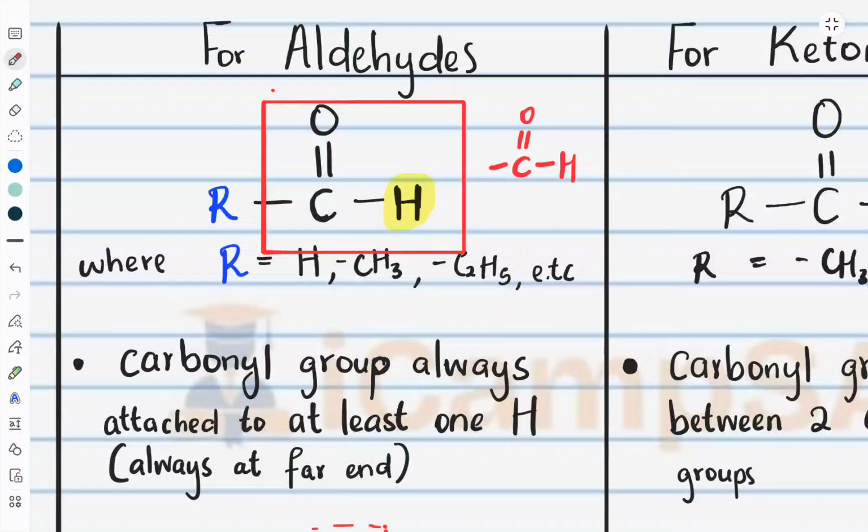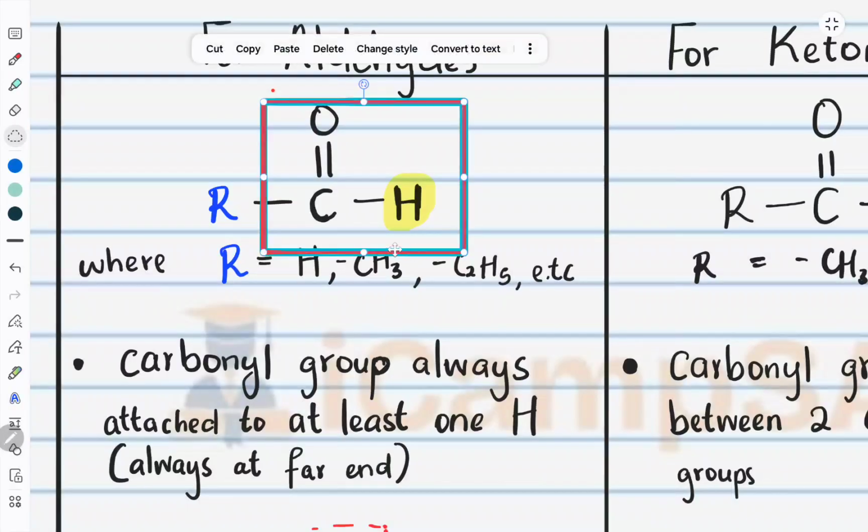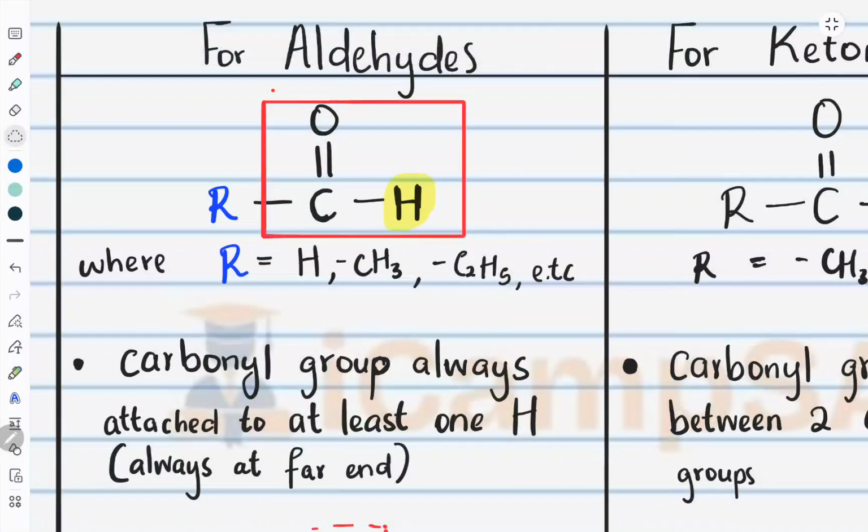And if you can check here, you can never put this thing in between carbon atoms because it already has hydrogen populating one side of the carbon atom. So it can't sit in between other carbon atoms. It can only be at the far end of the carbon chain. So that's what we mean by the formyl group.